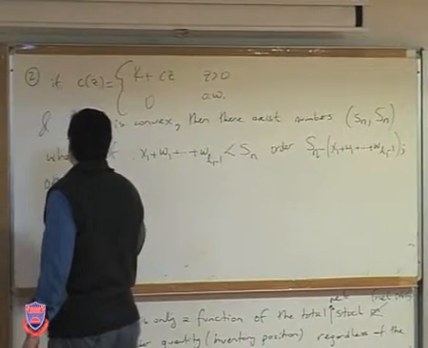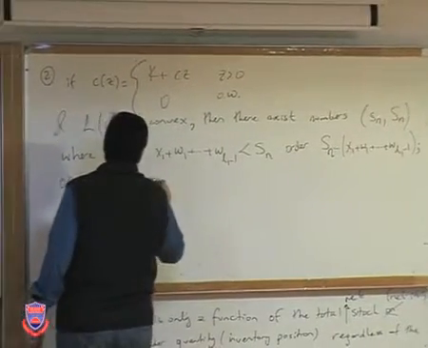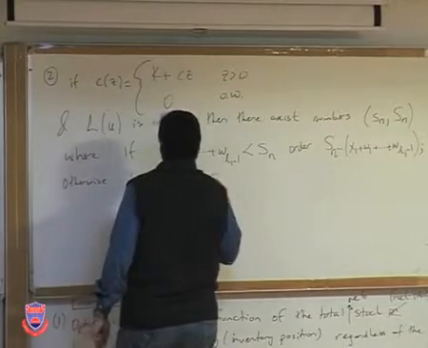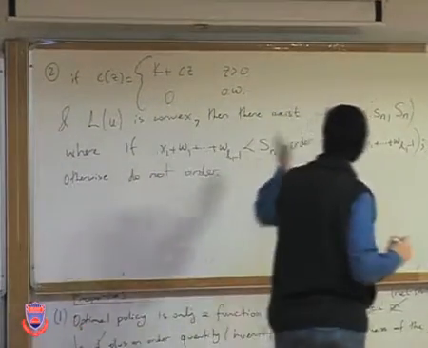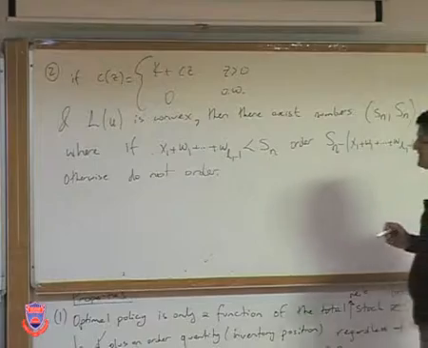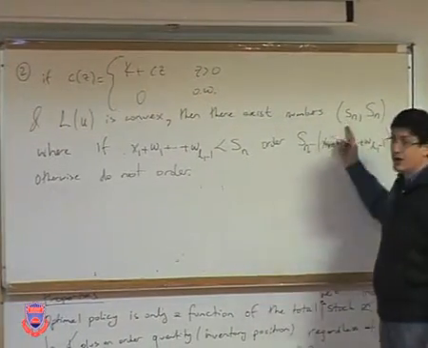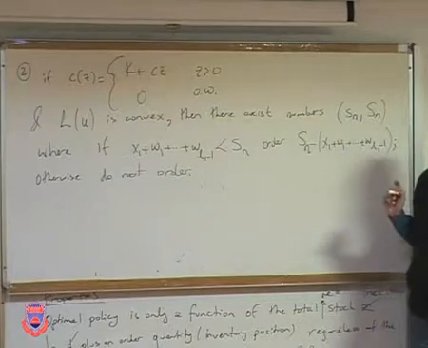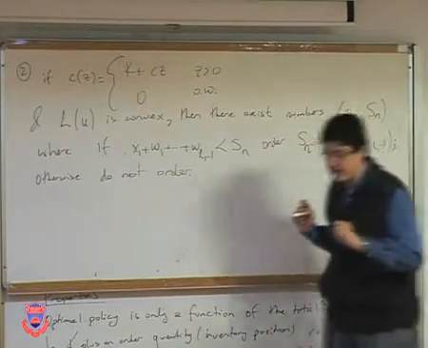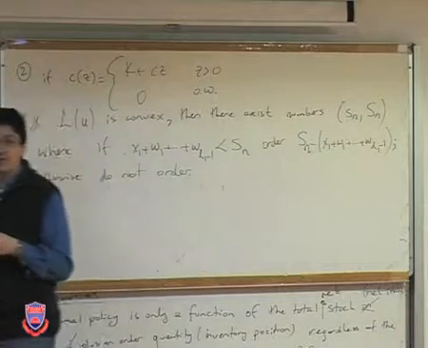Otherwise, do not order. So then there exist numbers s sub n such that we can write our ordering policy in terms of these two constants. This is the sS policy that we know.